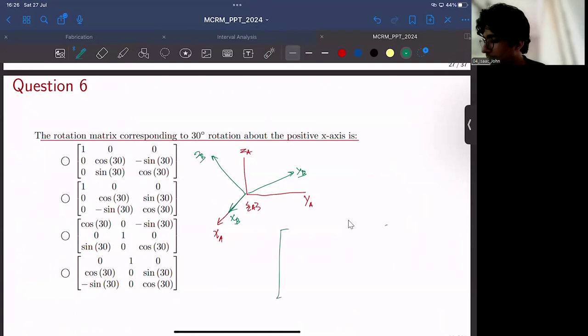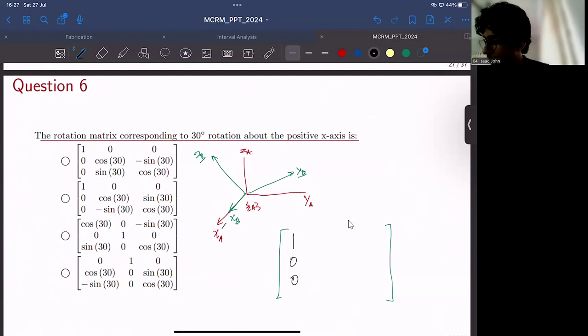And if you can recall how we can fill out the entries of the rotation matrix, the first column would be the direction cosines between the XB axis and the XA, YA, and ZA axes. So the dot product of XB with XA is cos 0, that is 1. Angle between XB and YA is 90 degrees, so that makes it 0.